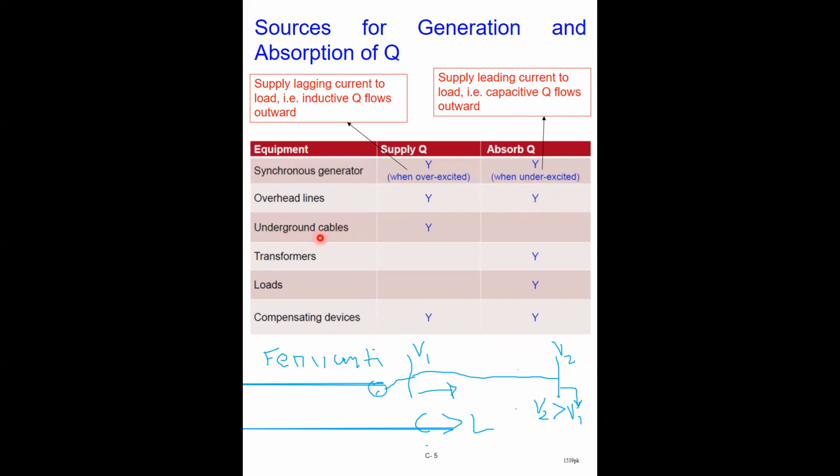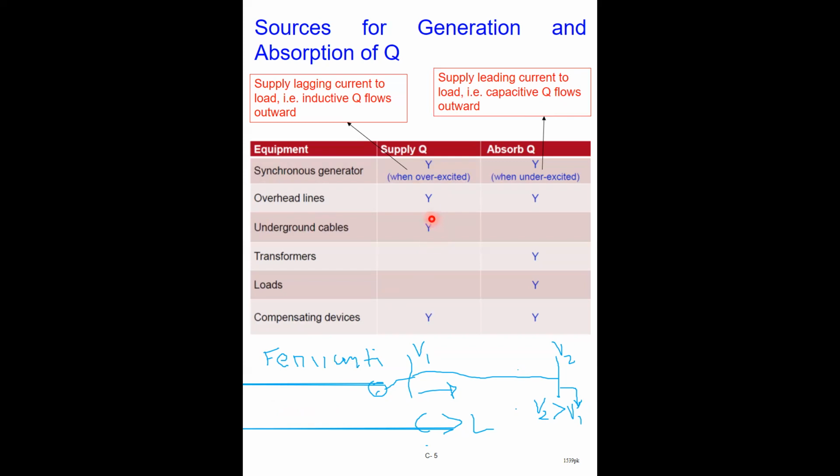Similarly, when you look at cable, it is a little bit different, because in case of cable, capacitance will always be more than inductance, because the conductors are placed closer together and you have a dielectric medium between these phase conductors, right?